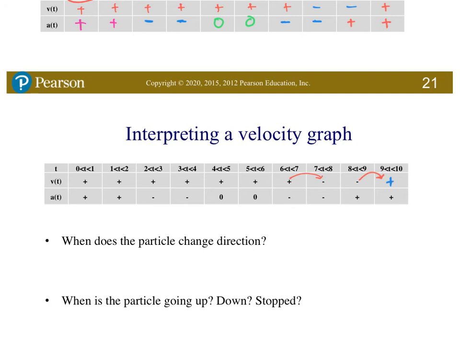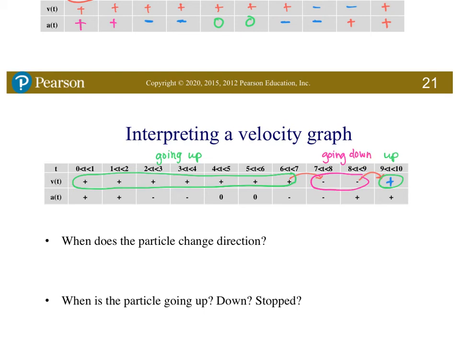So all this whole section here means going up. And this value here going up. And the two negatives, here and here, are going down. So the particle changed direction twice.